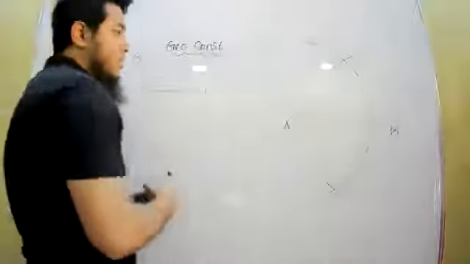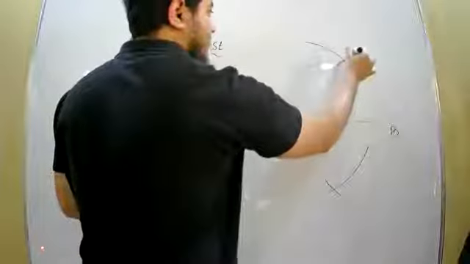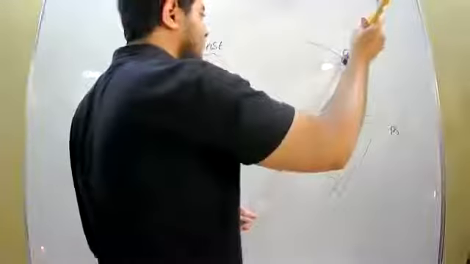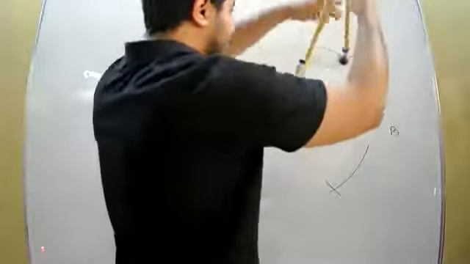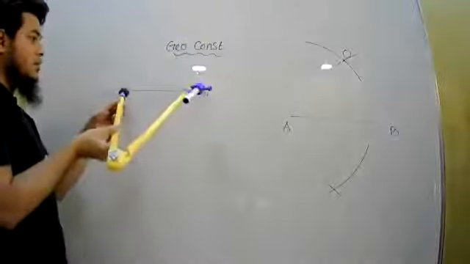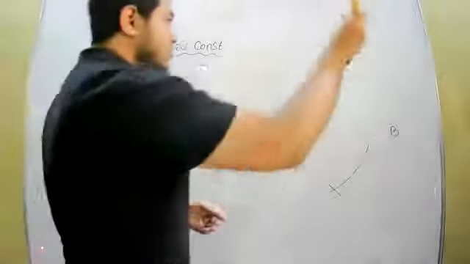So now what can we do? We can take this one as center. Okay, let us say O is the center. So we will take O as the center, and the radius is automatically equal to this one. We were cutting these arcs with this equal radius, right? So radius is already equal to this one, so we don't need to check again.